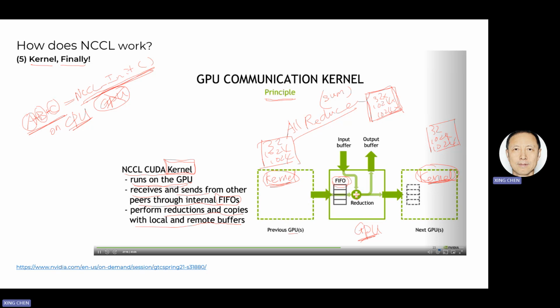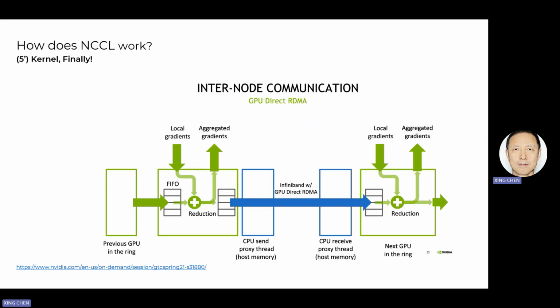These are the intranode GPUs, which means that the GPUs are interconnected with each other by using NVLink. But there is another possible scenario. This is the previous GPU, this is my GPU, and this is the next GPU.